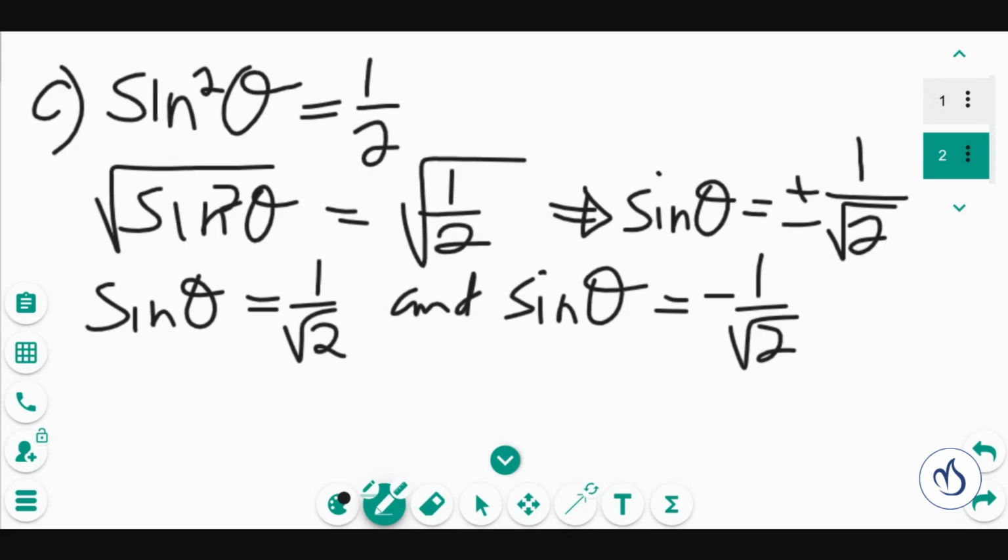Pay some good attention here. Maybe someone is asking, but why positive or negative? The square root of 4 is 2 or negative 2. You can prove that. When you square each one of them, you get 4. When you square 2, you get 4. When you square negative 2, you also get 4.